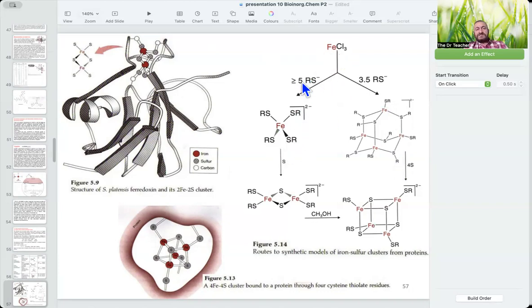When they can change the structure using thiol, alkyl groups, introduce more S, so the cubic here being steady of iron and sulfur, the routes to synthetic models of iron and sulfur clusters from proteins. So this is being with the methanol and produce this dimer with a bridging thiol. And if you add more, you will reach the anion single iron.